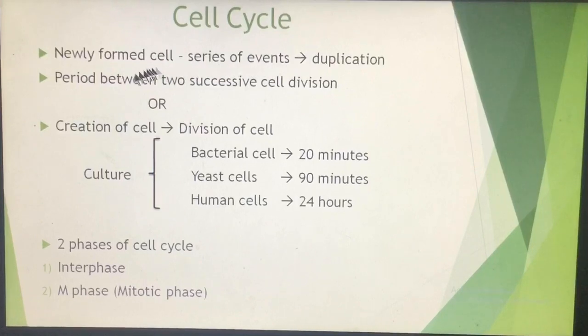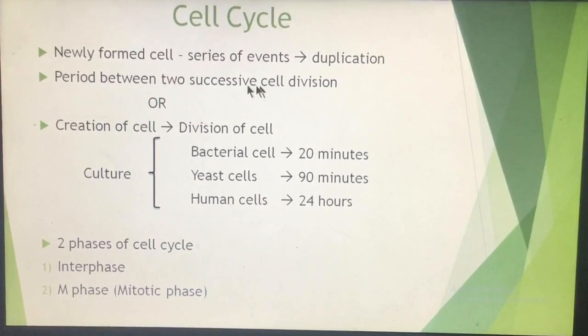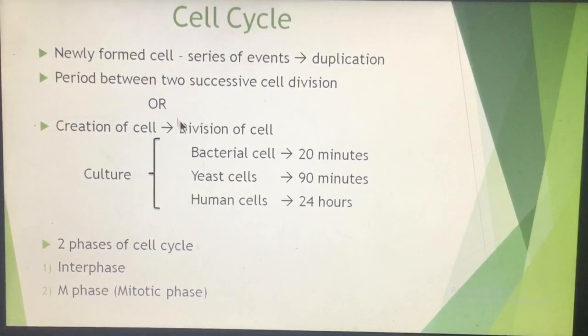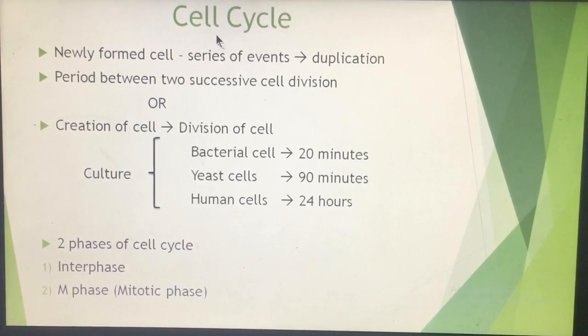So the period between two successive cell divisions, दो cell division के बीच में जो period है उसको हम cell cycle बोलते हैं. So in another way we can say when a cell is formed after division, that is known as a cell cycle.